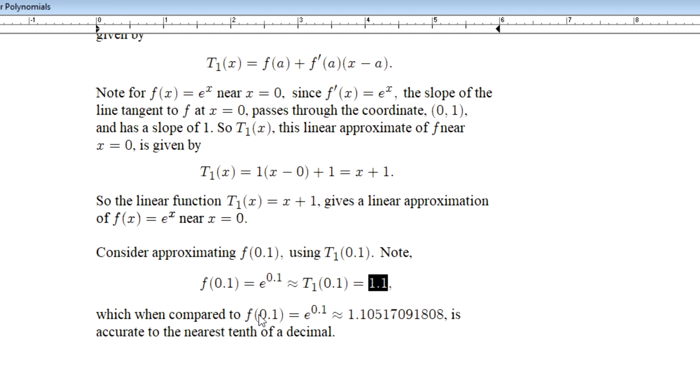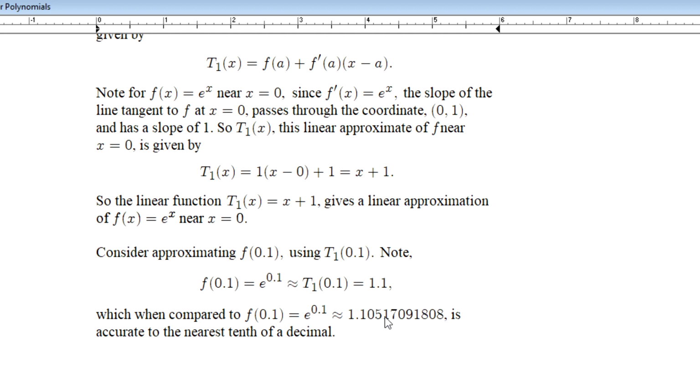All right? When we go back now and compare that to our function f at 0.1, f at 0.1 is 1.1, what we've gotten in our approximation, with additional decimals added on to it.